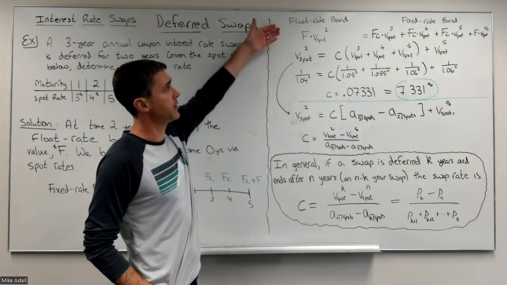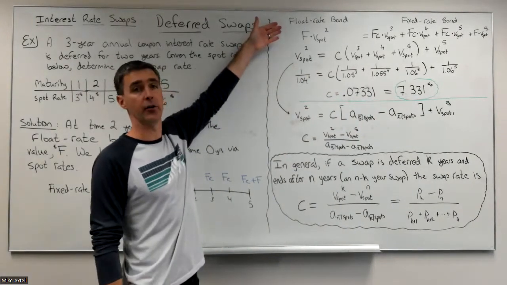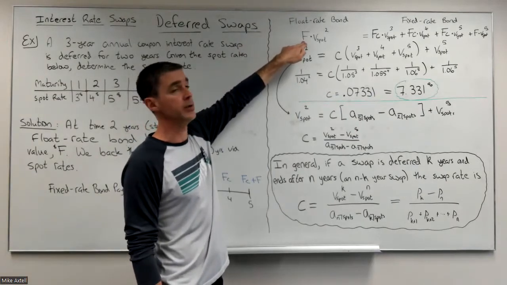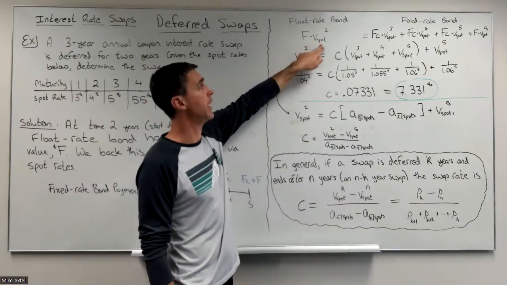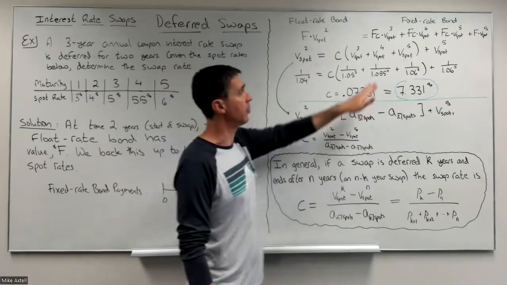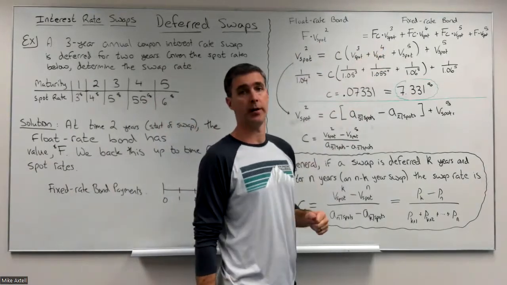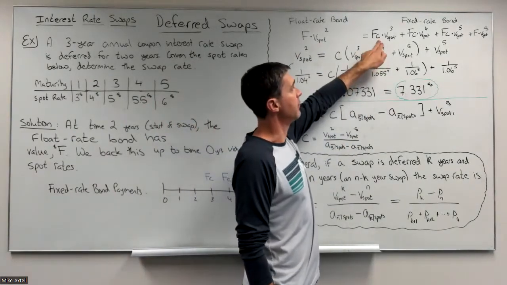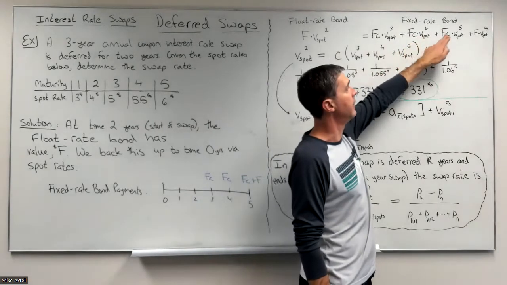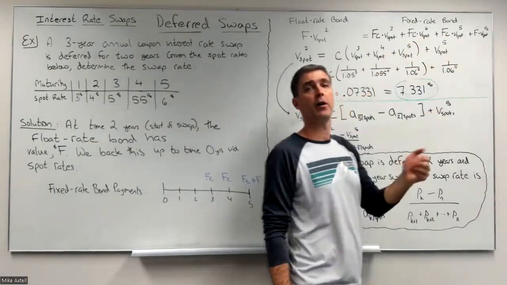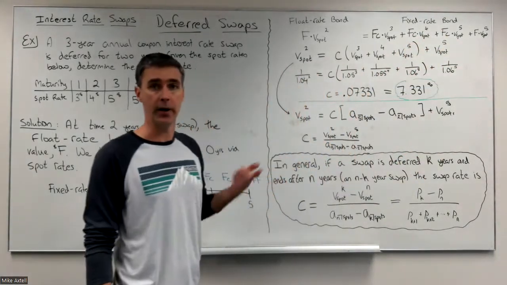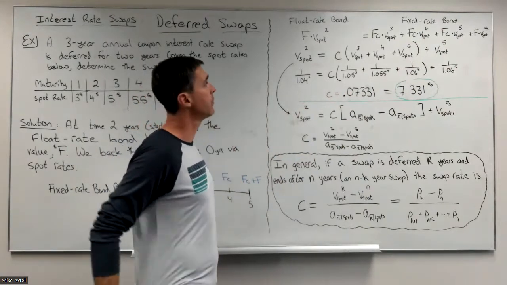So on the left at time 0, I have the value of the float rate bond. Its value was F at time 2, backed up 2 years. On the right, I have the fixed rate bond. Coupon payments at time 3, 4, 5, redemption at time 5, all backed up via the spot rates, as we'll see in a couple of steps.